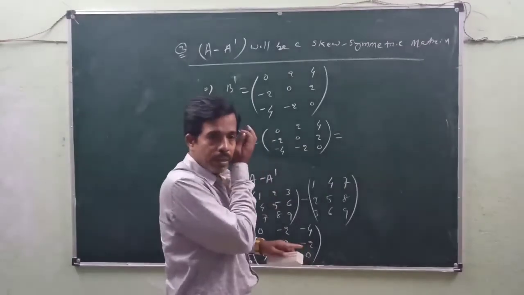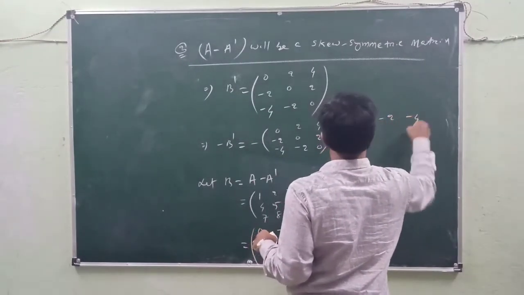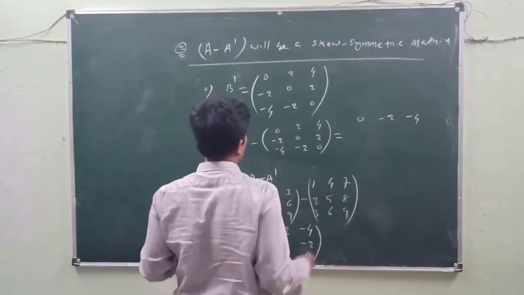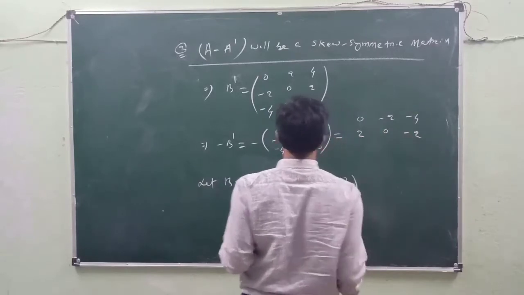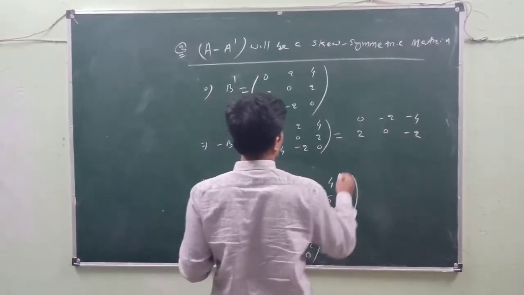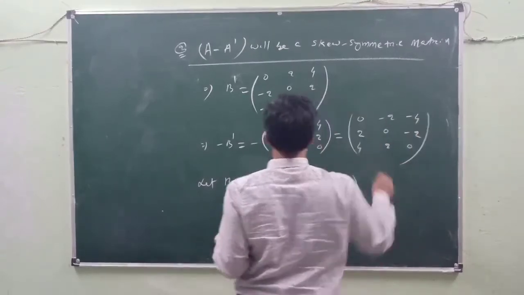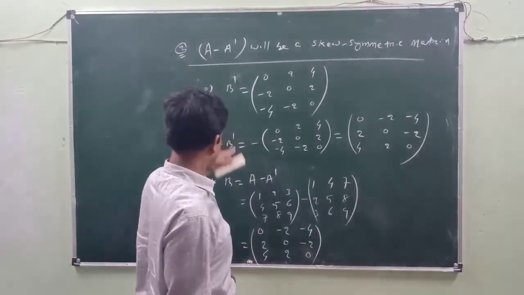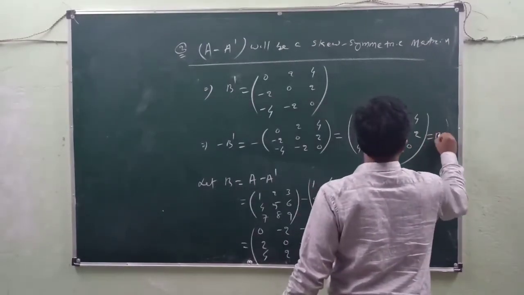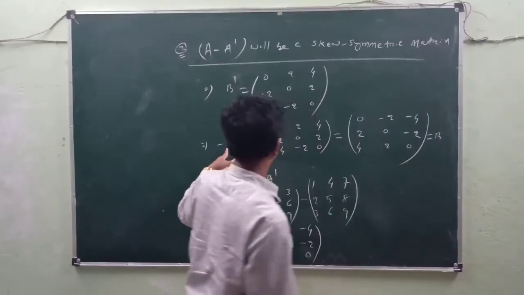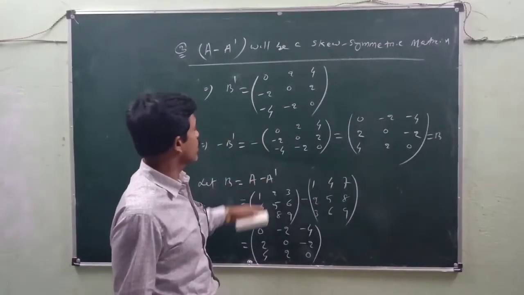Now, since I multiply minus with the matrix, multiply this negative with all elements of that matrix. So the value will be 0, minus 2, minus 4, then the second row will be 2, 0, minus 2, then the third row 4, 2, 0. Look, minus B transpose equals B. That means B is a skew symmetric matrix, but we took B as A minus A transpose.